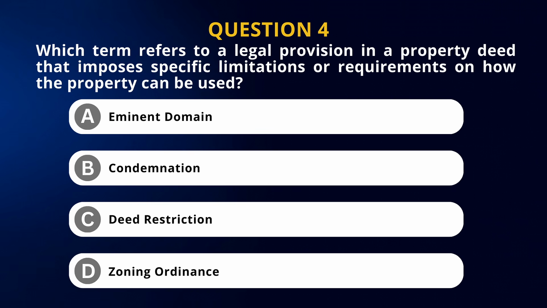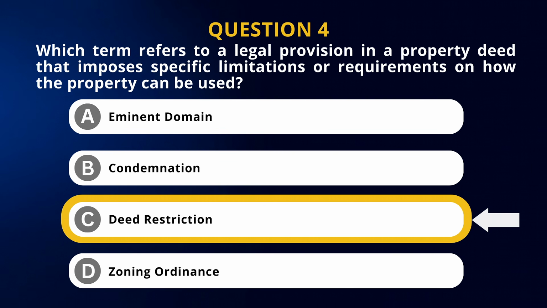And the answer? Letter C, deed restrictions. So terms referred to in legal provisions in property deeds that impose specific limitations are deed restrictions. So this question was fairly straightforward. They actually use the phrase deed that imposes specific limitations. So the only possible answer here would have been deed restrictions.